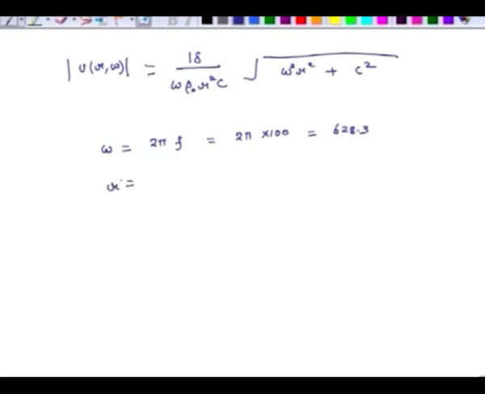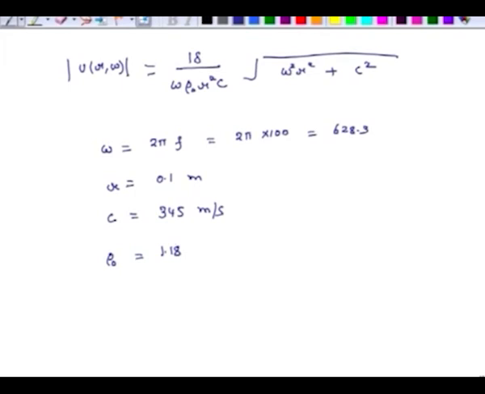R we have been told is 10 centimeters, so it is 0.1 meters, c equals 345 meters per second, and rho naught equals 1.18.